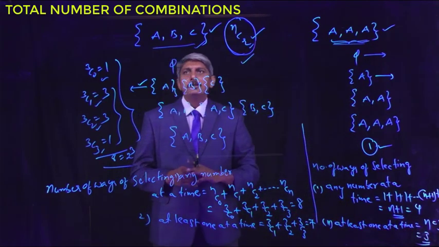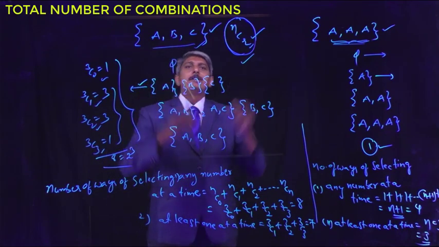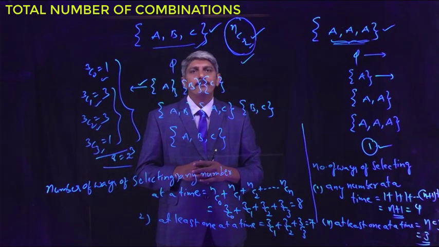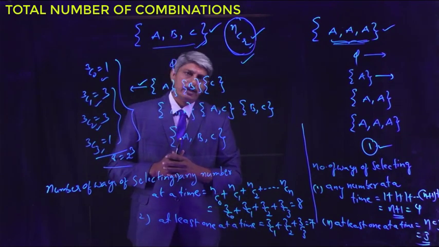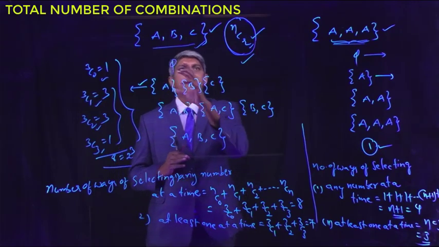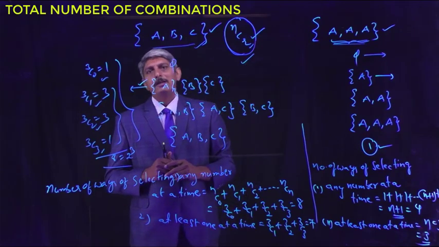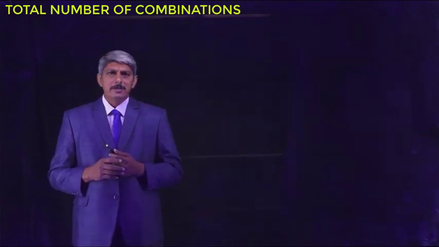From this, now extend the given sets into n elements. Then what are the formulas? Okay. Now we will discuss the given sets extended into n like elements and n distinct elements. Now we derive the formulas.